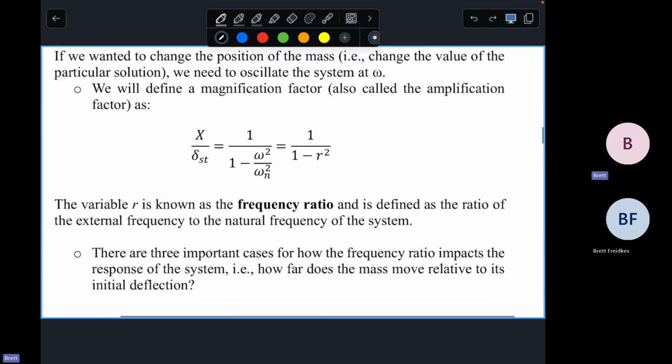So in regards to this relationship, we looked at a few different cases. We first looked at when r was small. If r is small, what is the sign of this? Positive. So x over delta static is positive.